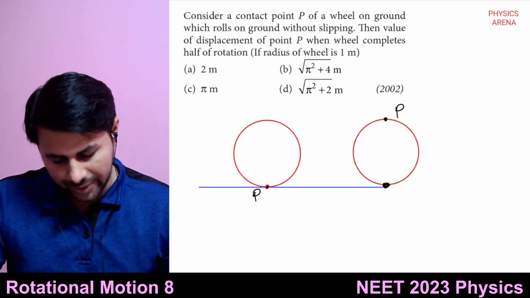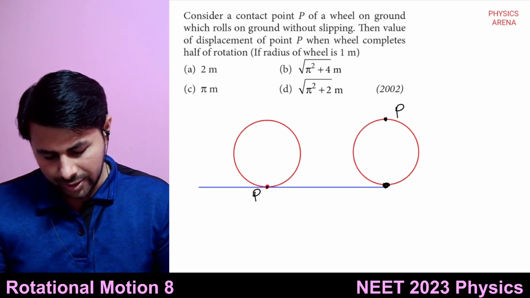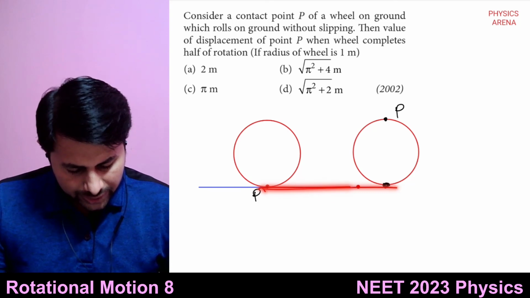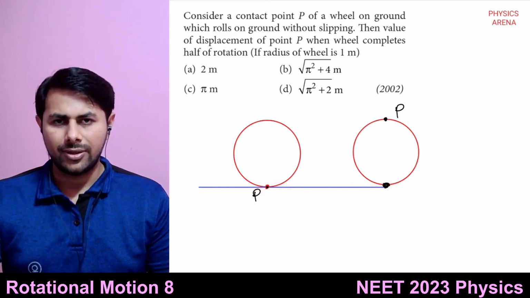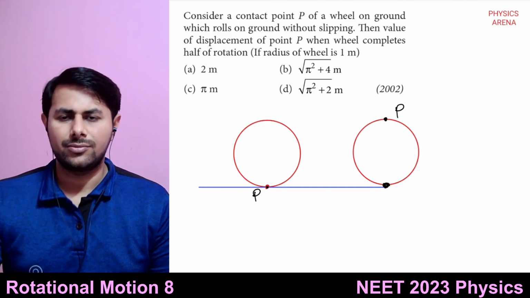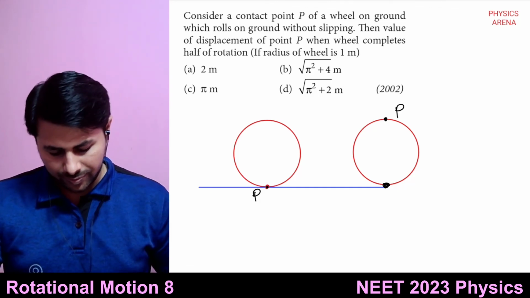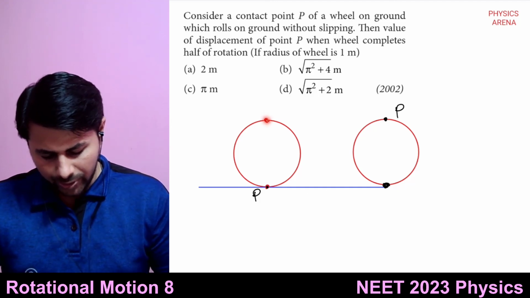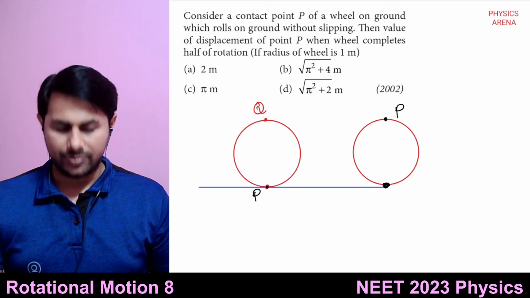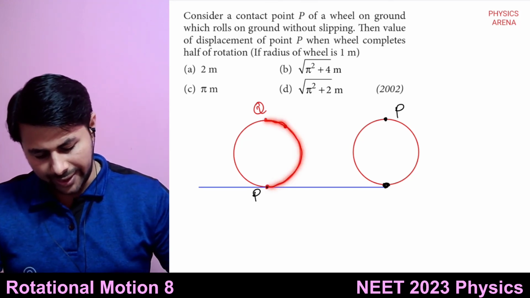Horizontal distance we can find out. Okay, so it rolls without slipping. So the horizontal distance should be equal to pi r. Yes or no? See, this point, let's call it Q, was at the top.